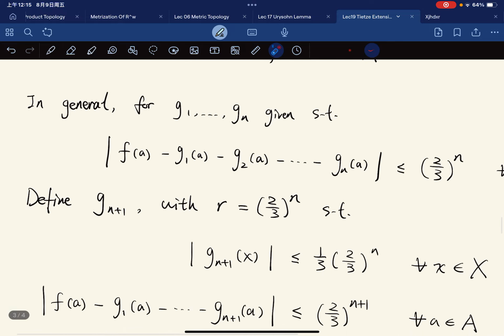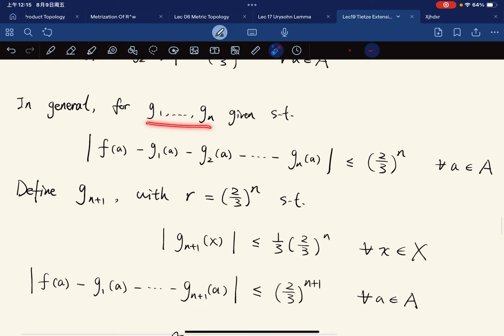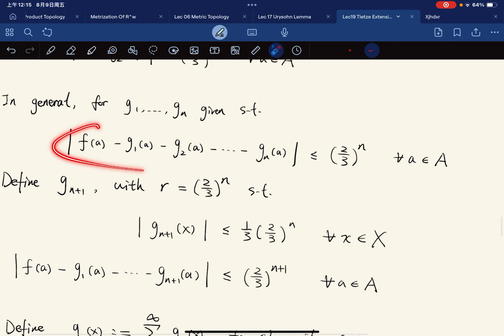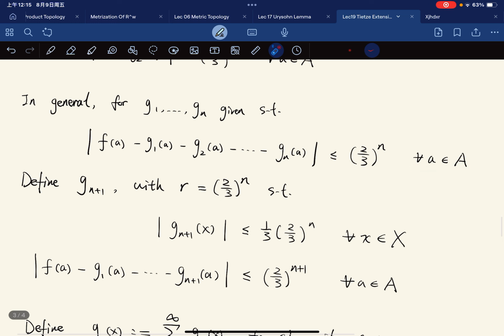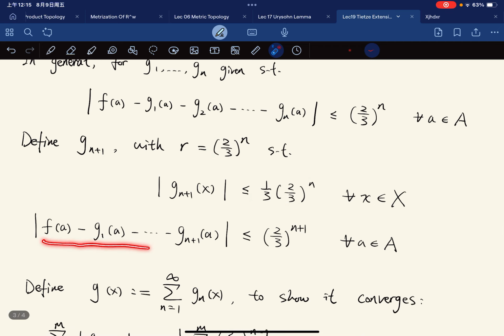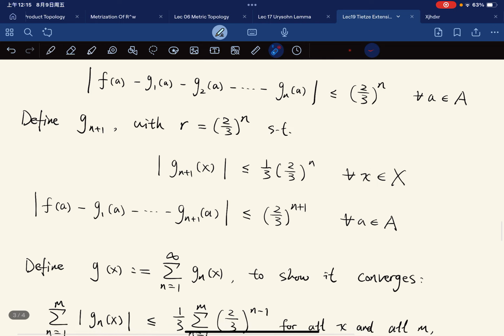As you can see the pattern, in general, suppose we have n functions such that the difference is less than or equal to (2/3)^n for any a in A. We define g(n+1) such that its absolute value is at most 1/3 of (2/3)^n, and f(a) minus g1 minus, and so on, until g(n+1)(a), is at most (2/3)^(n+1) for any a in A.